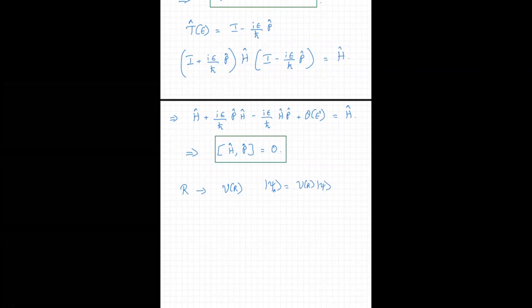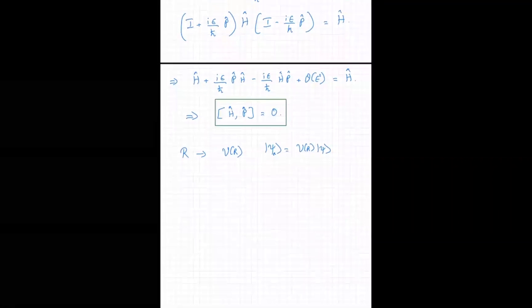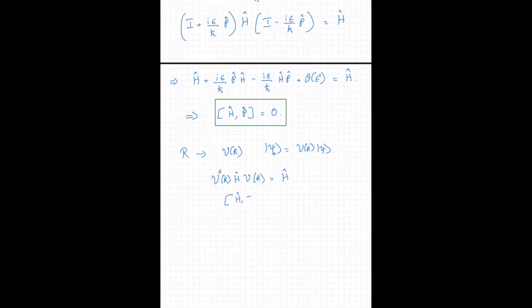If you have a quantum mechanical system in which rotations are a symmetry, just like the hydrogen atom problem, then you would have U dagger of R, H, U of R equals H. Whatever the generator of the rotation is, let's call it J. You can also claim that the Hamiltonian commutes with the generator of the rotations.